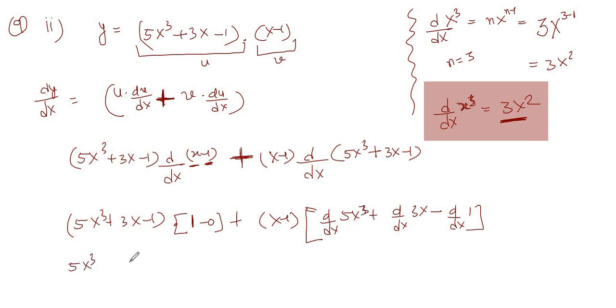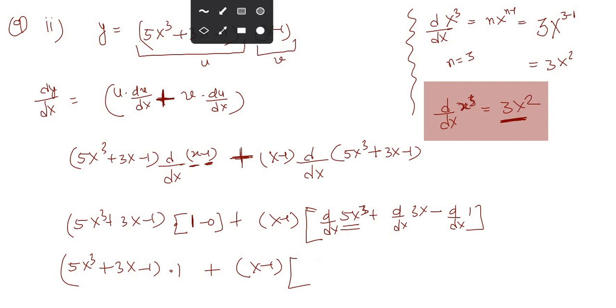Let me write down (5x^3 + 3x - 1) into 1 plus (x - 1) into, what is the derivative of this? 5 threes are 15 x squared. See here, let me show you once again.